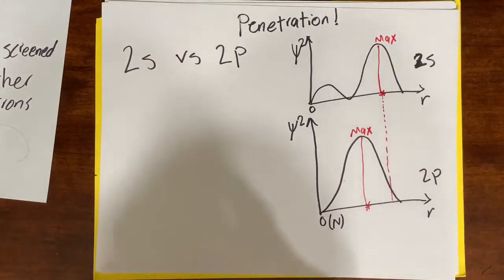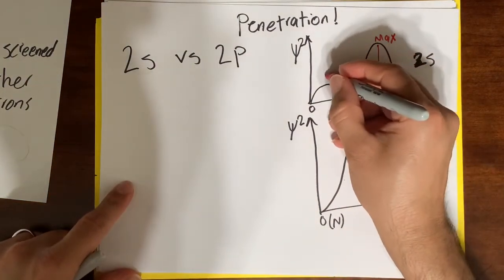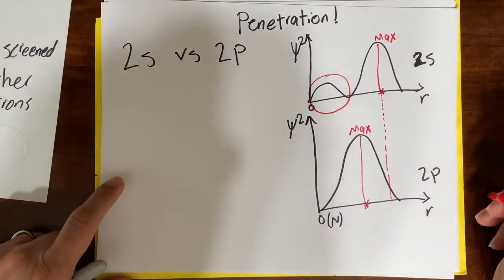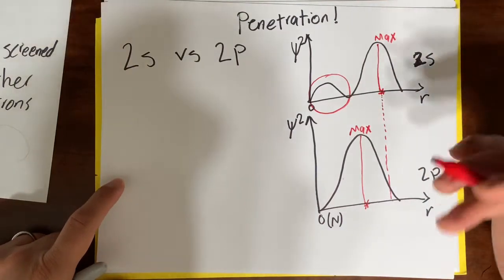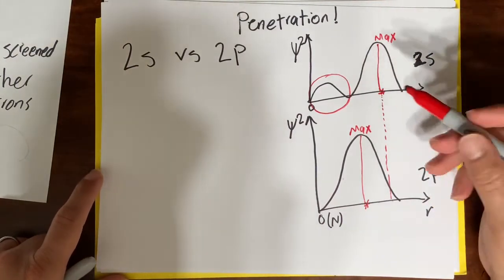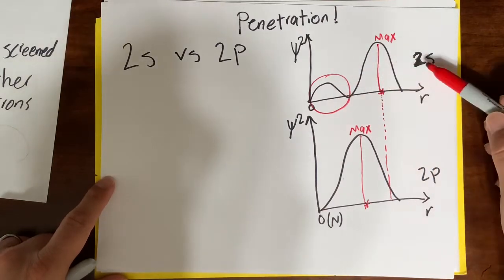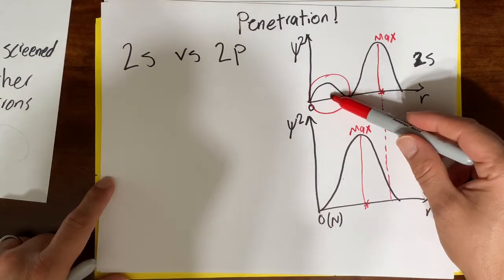But we have something that we call penetration, and penetration is here. This first bump. This area is kind of a forbidden area for the 2s orbital. We should not have a chance to find the electron in this area when it comes to the 2s orbital. But apparently we do have.